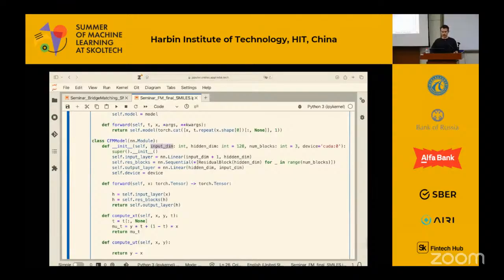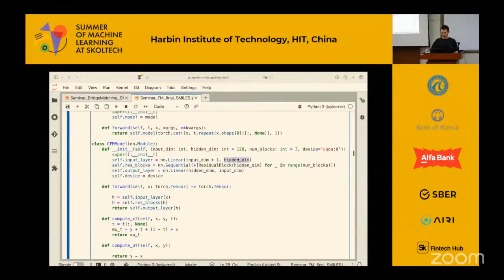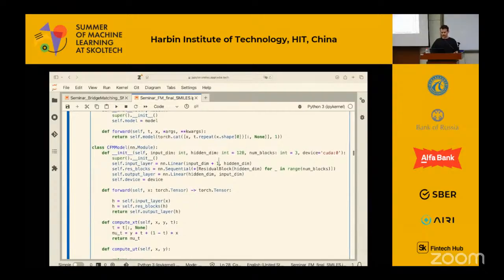In the toy case, it will be just a two-dimensional real state space vector, and it translates it to hidden dim. By the way, can someone say why do we have at the beginning not just the input dim, but input dim plus one?